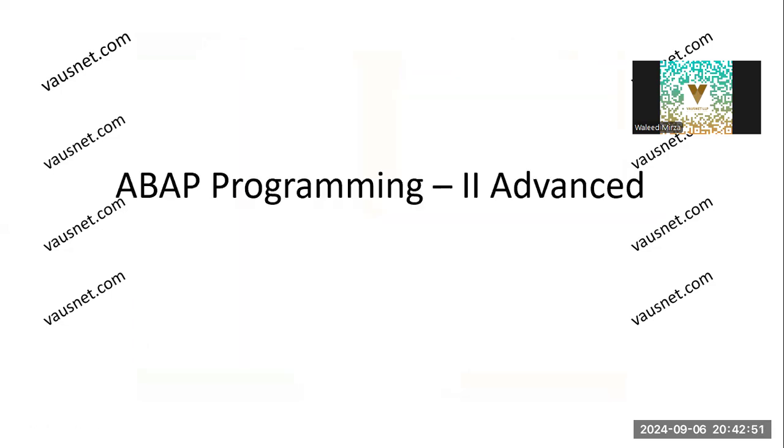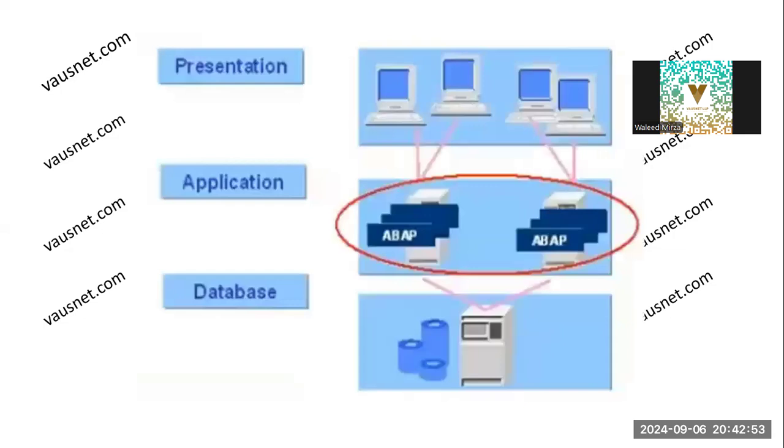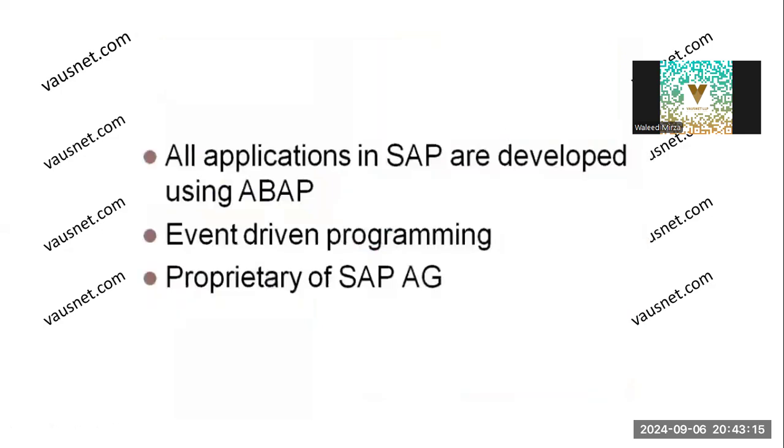Now, if we talk about programming, ABAP is basically at the application level, where all the work processes are residing. The database, of course, provides the data, and the process is worked on over here before it is presented to the presentation layer. All applications in SAP are developed using ABAP. It is event driven.